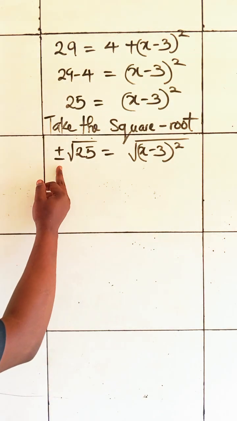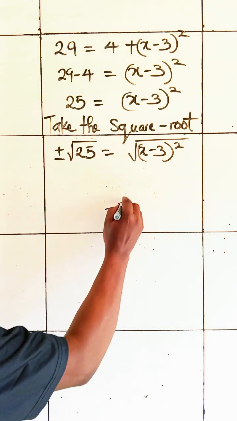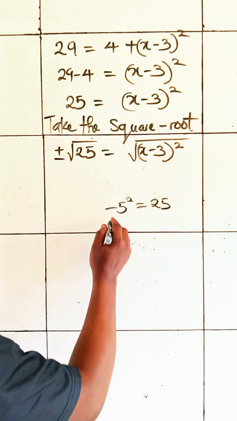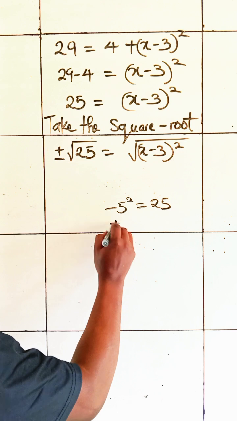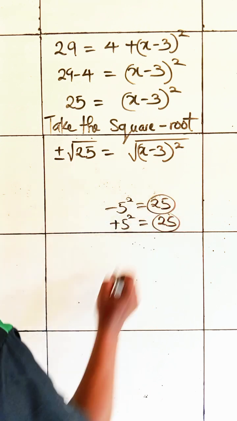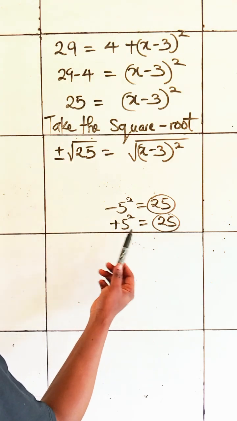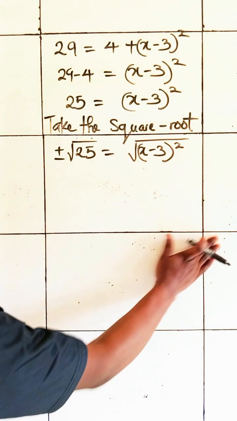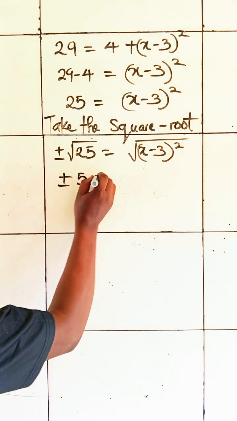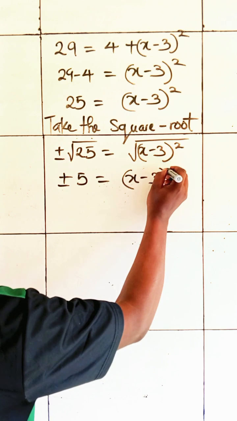Also, if you take the square of a number, let's say 5 squared will give us 25, and minus 5 squared will also give us 25. So anytime I have 25, it can be written as plus or minus 5 squared. So now we have plus or minus 5 equals x minus 3 all squared.